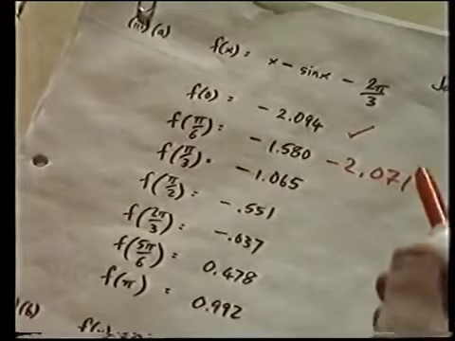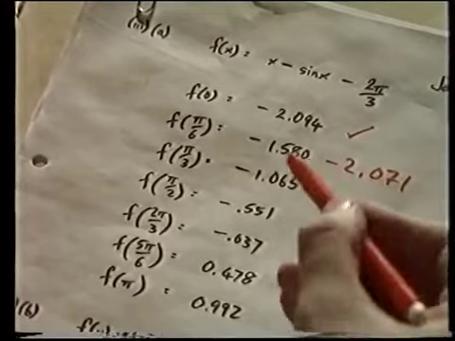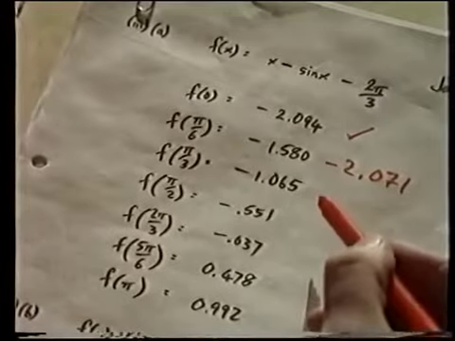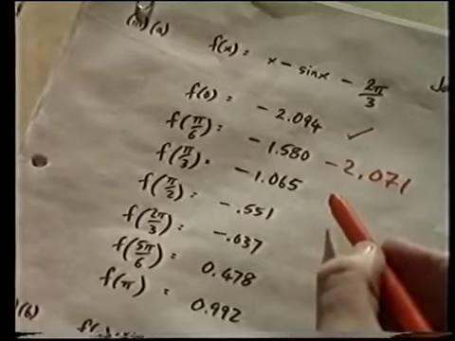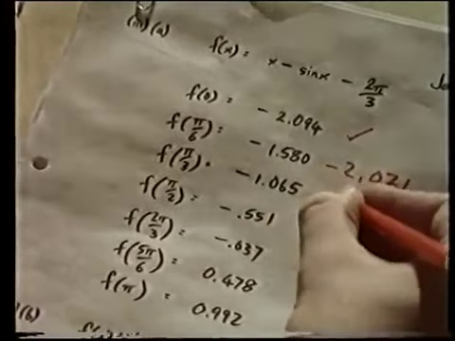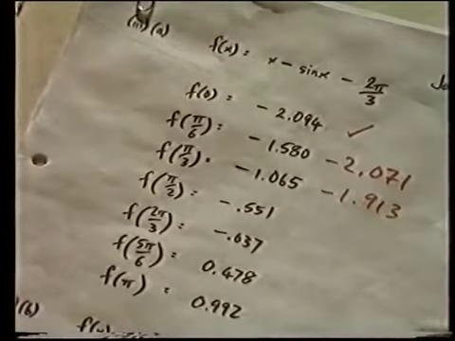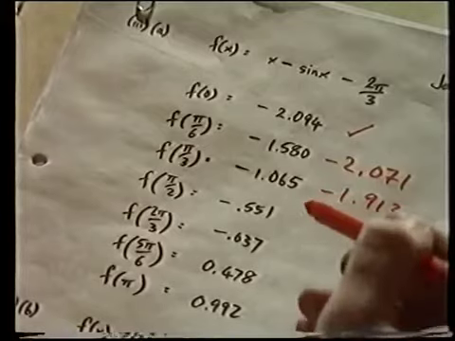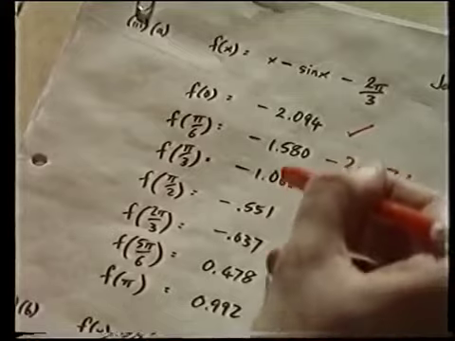So maybe the student's made a slip there. Well, let's look at another value. F of pi by 3, the student's answer is minus 1.065, but the mark scheme gives minus 1.913. And in fact, the student's answers disagree with the mark scheme all the way down.